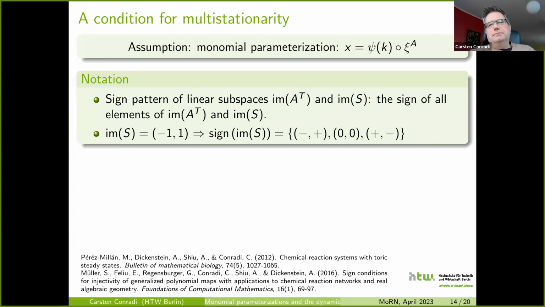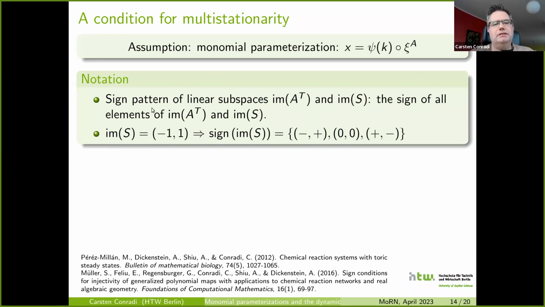And basically we care about the sign of all elements of the linear subspace, and as every subspace only intersects a finite number of orthants, there is only a finite number of sign patterns that are given by this linear subspace.